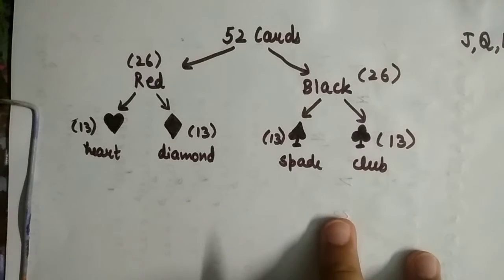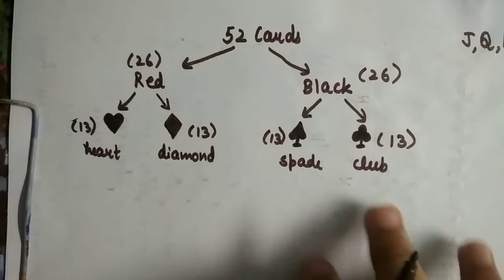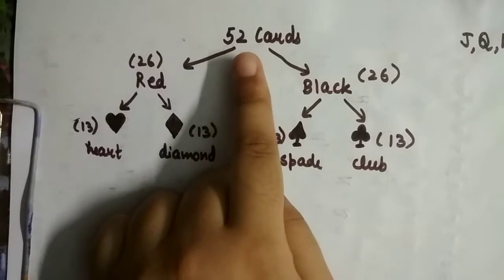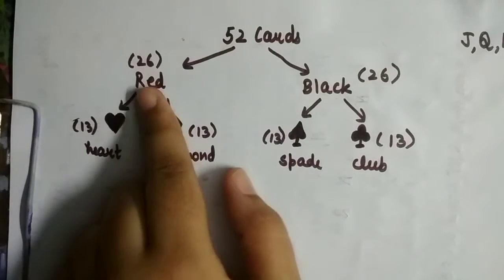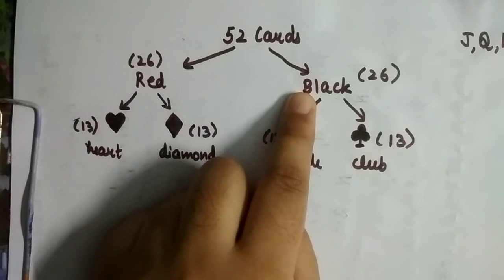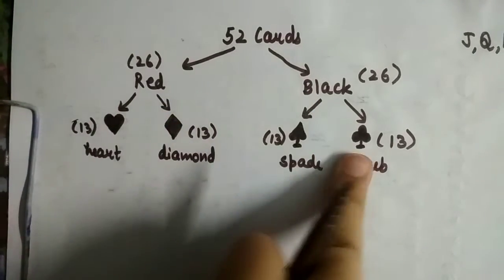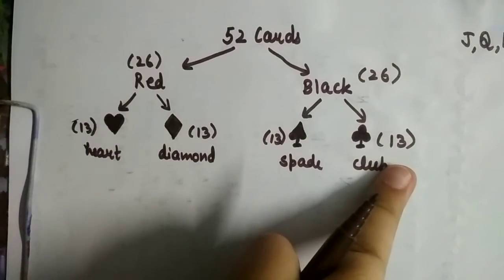Now let us talk about playing cards. First of all you need to know which type of cards are there. So there are total 52 cards in one deck. 26 are red color and 26 are of black color. There are 4 suits, 2 of red, 2 of black.